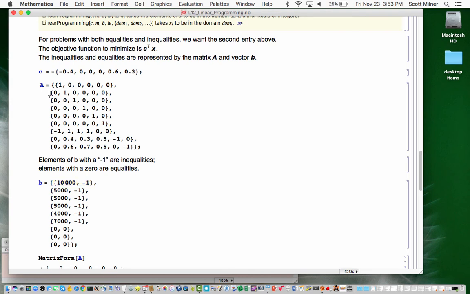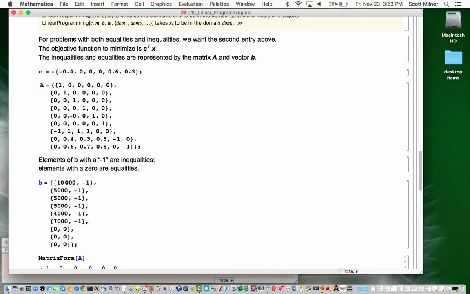The next one says FA, which was the second variable, is less than 5,000. So again, here it's 5,000 that it's less than. Here's FB, which is likewise less than 5,000. Here's FC, that's the fourth variable, which is less than 5,000. Then there's P1, which is the fifth variable, and that's less than 4,000. And then there's P2, which is less than 7,000.